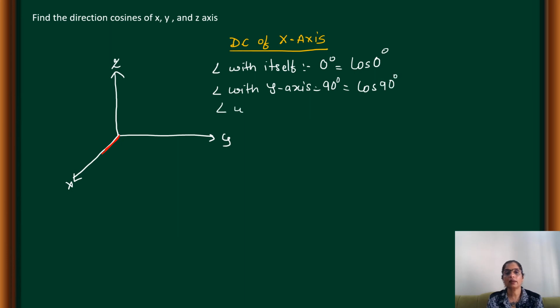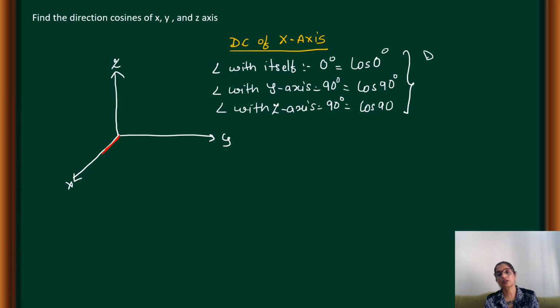And it will make an angle of 90 degrees with the z-axis, so this will be cos 90. So the direction cosines of the x-axis will be cos 0, which is equal to 1, cos 90, which is equal to 0, and cos 90, which is equal to 0 again.